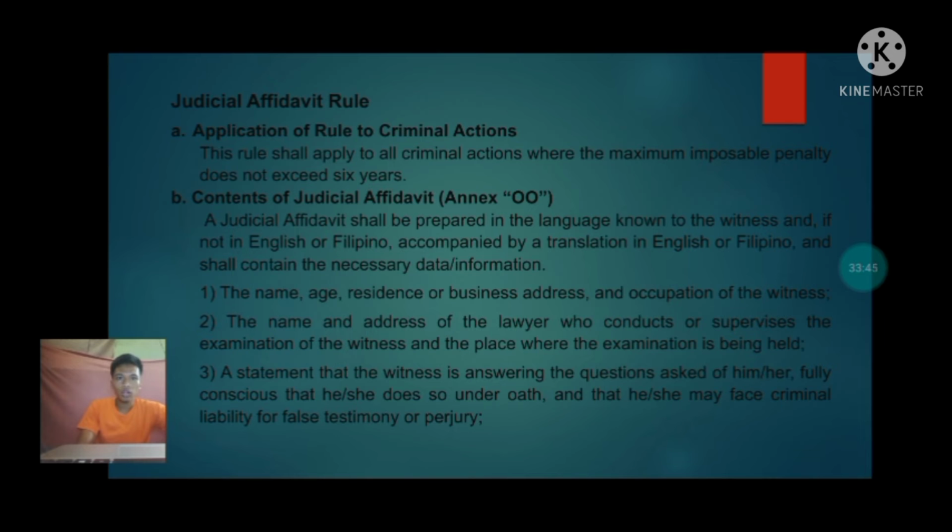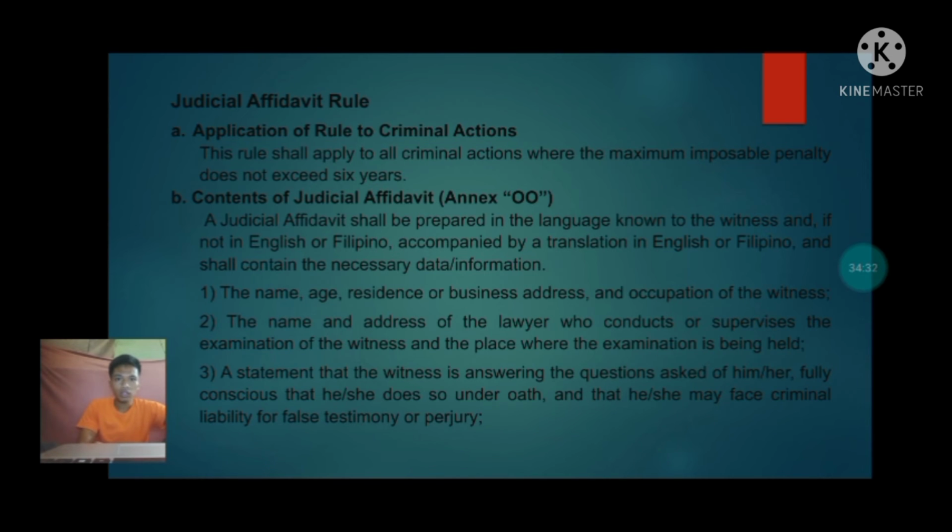Letter B. Contents of the judicial affidavit. The judicial affidavit shall be prepared in the language known to the witness, and if not in English or Filipino, accompanied by a translation in English or Filipino, and shall contain the necessary data. Number 1, the name, age, residence or business address, and the occupation of the witness. Number 2 is the name and address of the lawyer who conducts or supervises the examination of the witness and the place where the examination is being held.